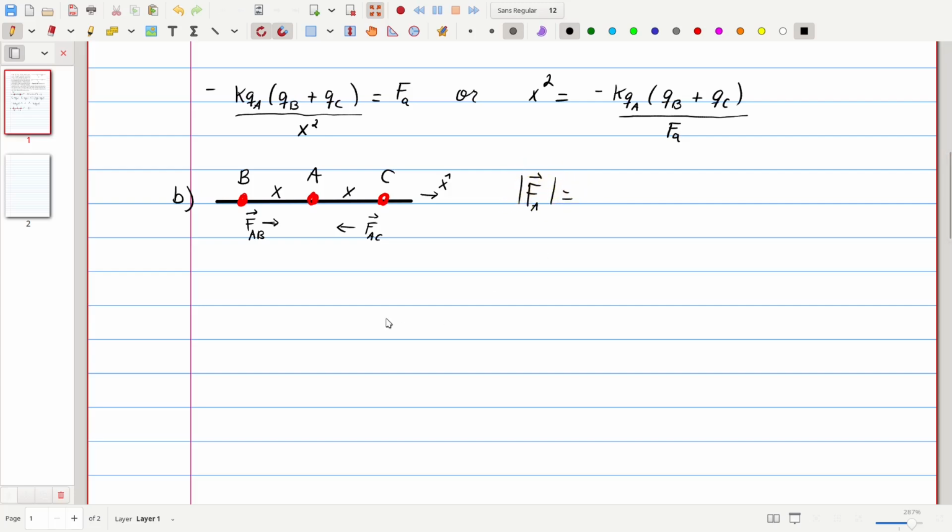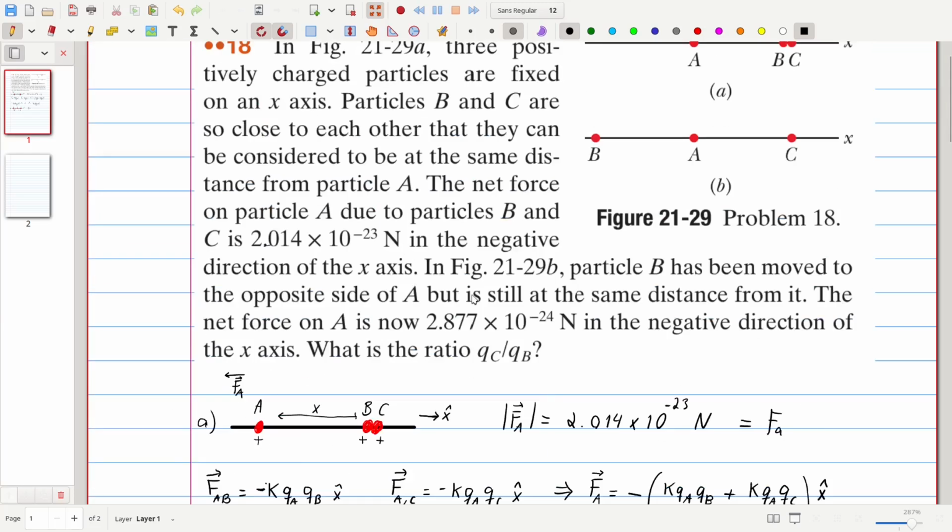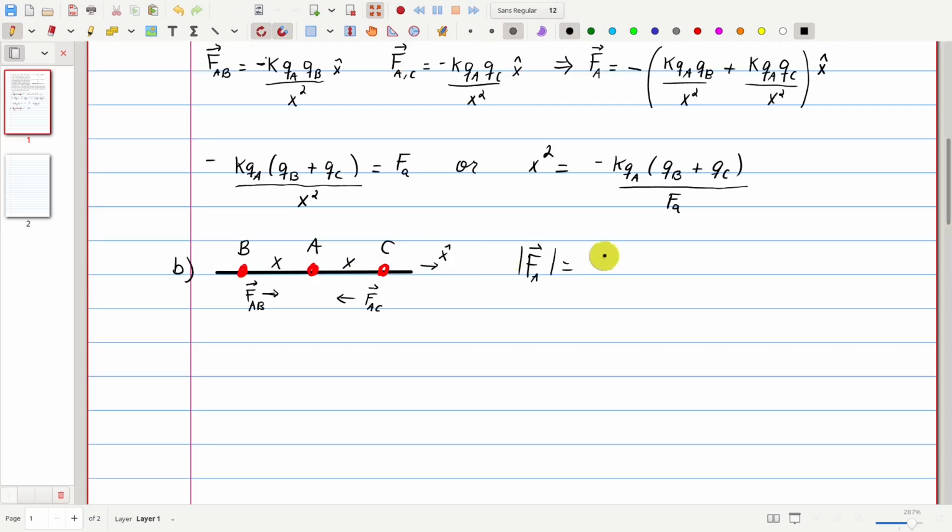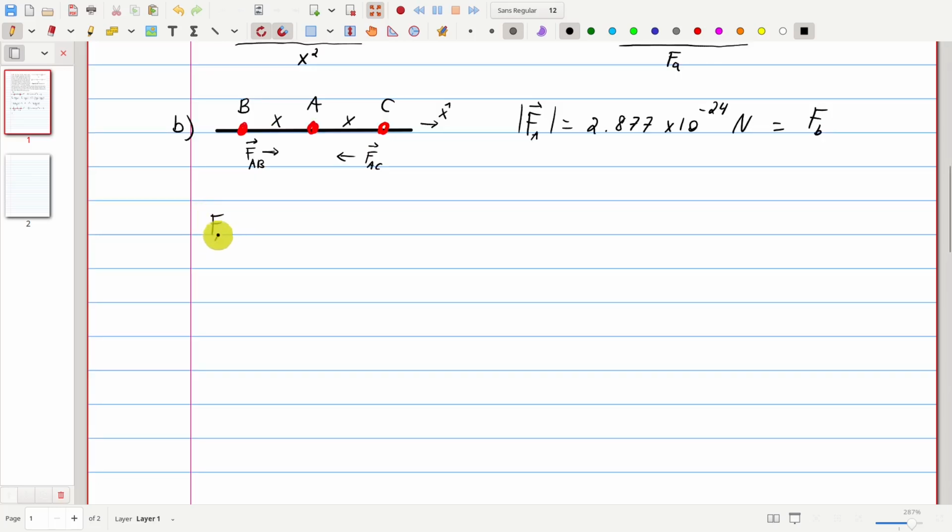Again, the absolute value of the net force is given. Let's call this value Fb for now. No complications here, we just repeat what we did before. Apply Coulomb's law and the principle of superposition.